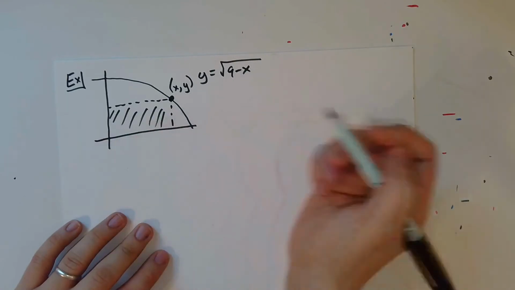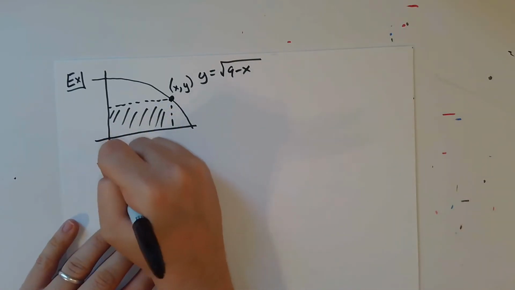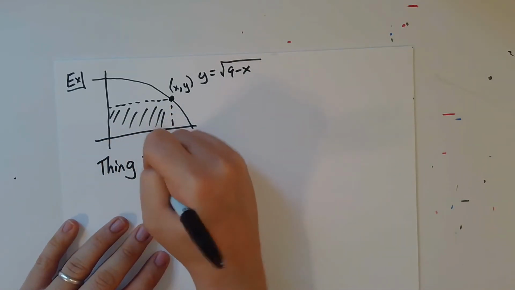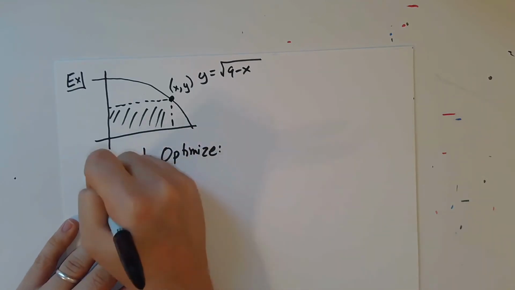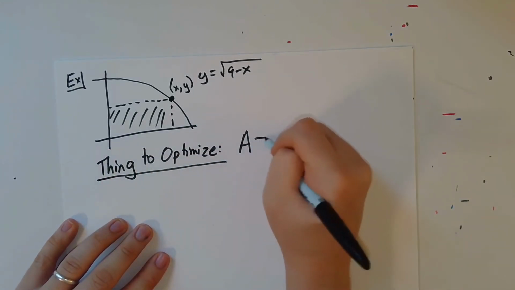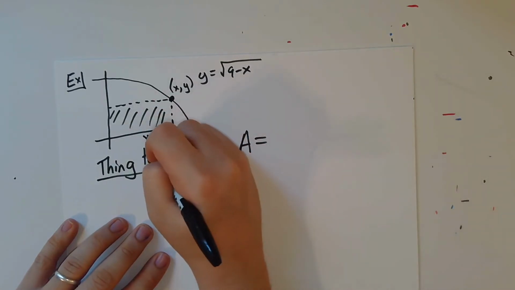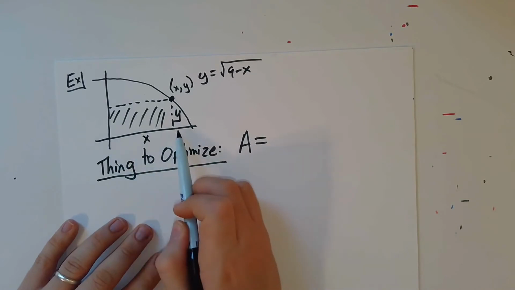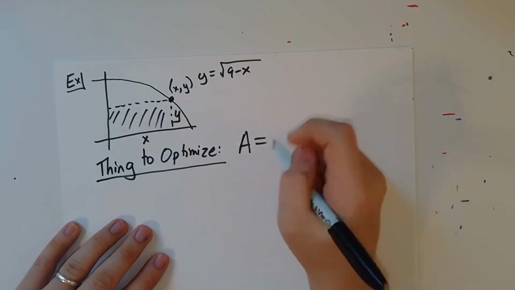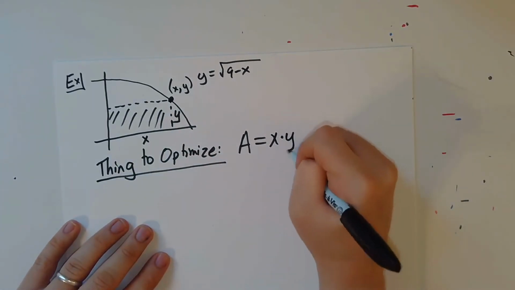So then, if I ask that, my thing to optimize is area. Which, again, just like before, because this is the point xy, this rectangle is x wide and y high, so the area is, in fact, literally just x times y.